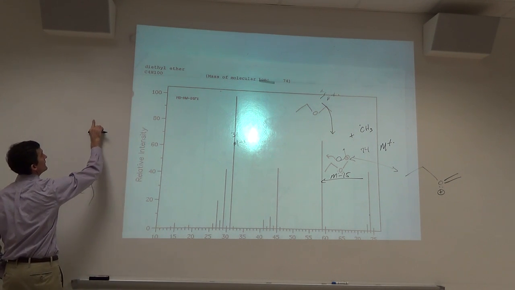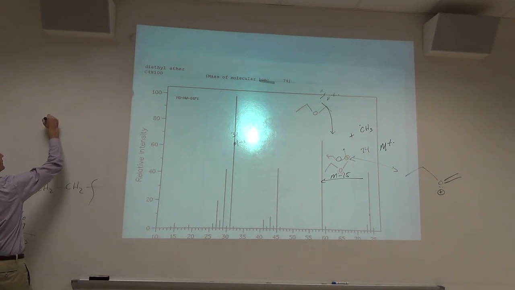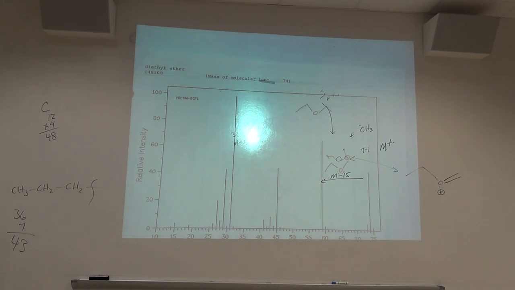C4H10O. If you add that up, you would go 12 times 4 is 48 for carbon, right? That's assuming all carbons are 12. Is there a chance that one of those carbons may be a carbon-13?